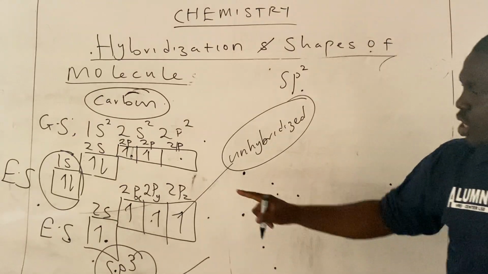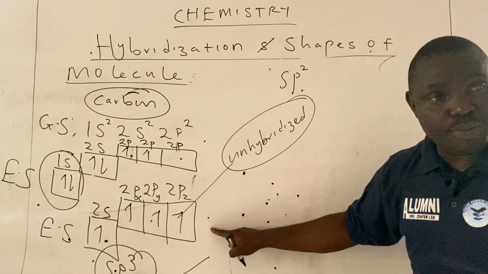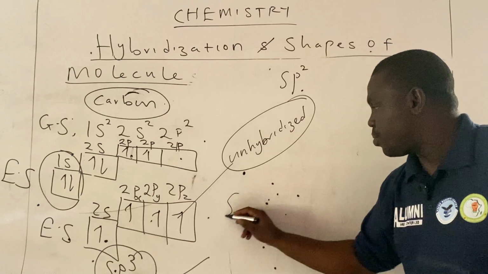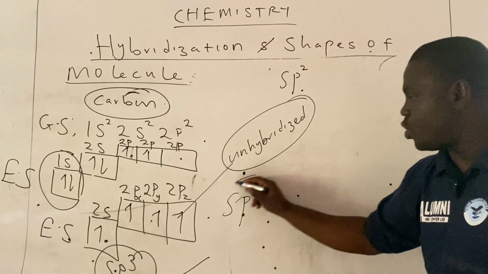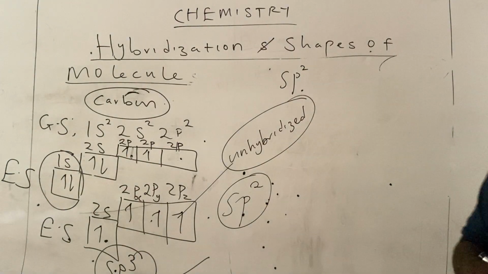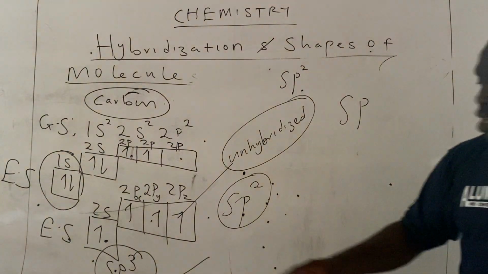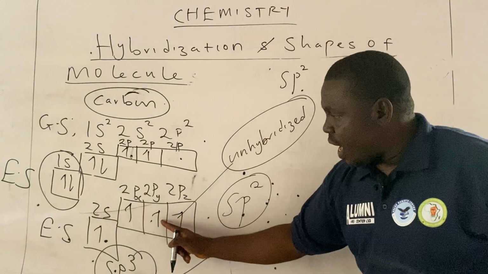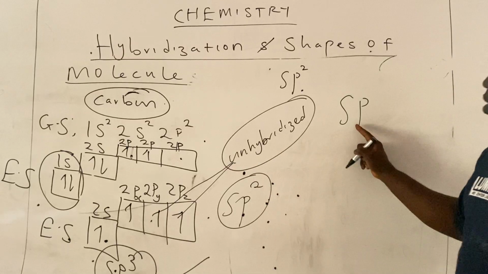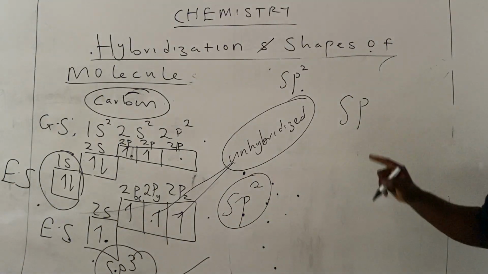For sp2, the 2pz is unhybridized. It is not hybridized, and so we have it as 1s and sp2. You will know why. I will show you something carefully. Then when you are doing that of sp, what happened? 2py and 2pz are unhybridized for sp. 2py and 2pz are unhybridized.